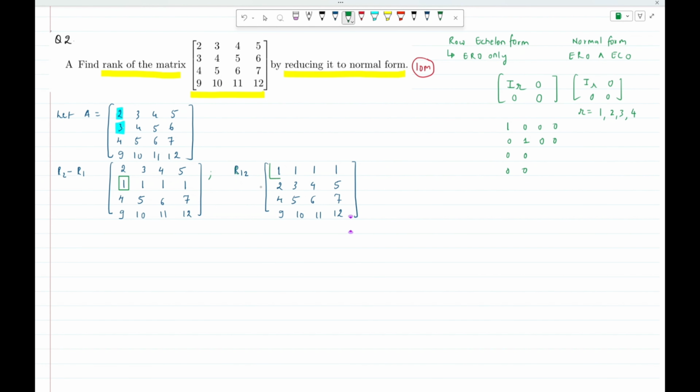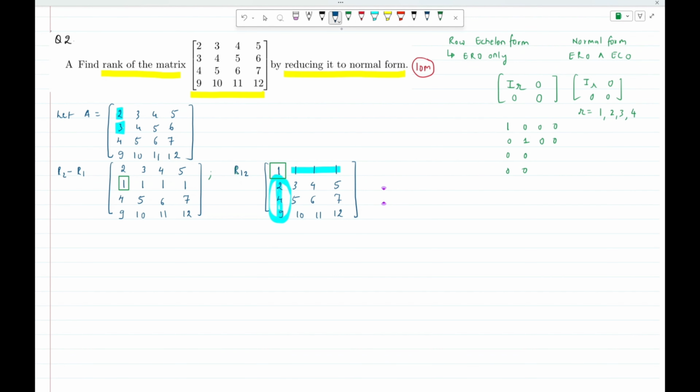Now we have a 1, which is the pivot element or the leading entry. What we are going to do next is try and reduce the other entries in the row and in the same column containing 1 to be 0. We'll begin with the column entries and reduce them to 0 first.